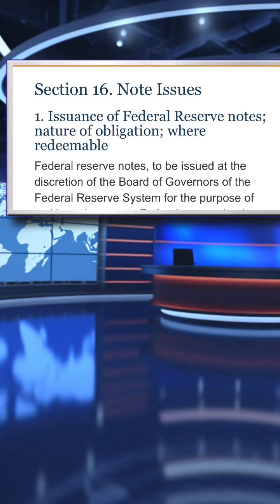Nothing in this section shall be construed as amending Section 6 of the Act of March 14th, 1900, as amended by the Acts of March 4th, 1900, and March 2nd, 1911, and June 12th, 1916, nor shall the provisions of this section be construed to apply to the deposits made or to the receipts or certificates issued under those acts. And that's Section 16 of the Federal Reserve Act.